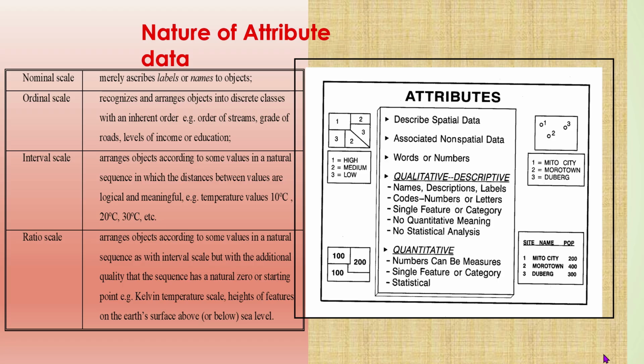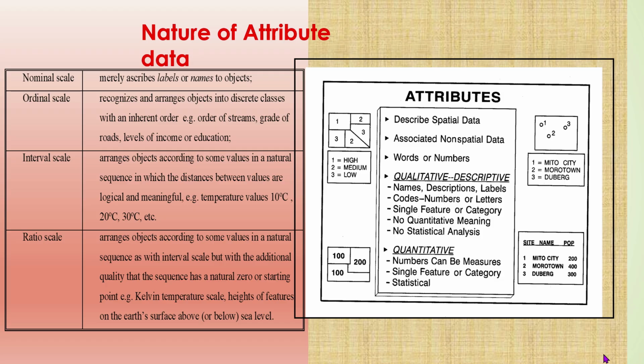Then we have the ratio scale. The ratio scale arranges objects according to some values in a natural sequence, and they have mathematical meaning. Why does the interval scale not have mathematical meaning in the sequence? Because it does not have a zero origin, but the ratio scale has a natural zero origin or starting point, and it also has a mathematical meaning.